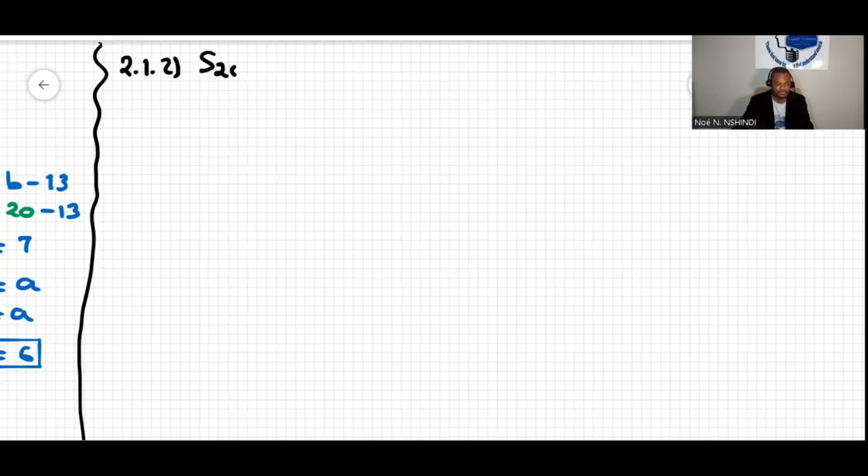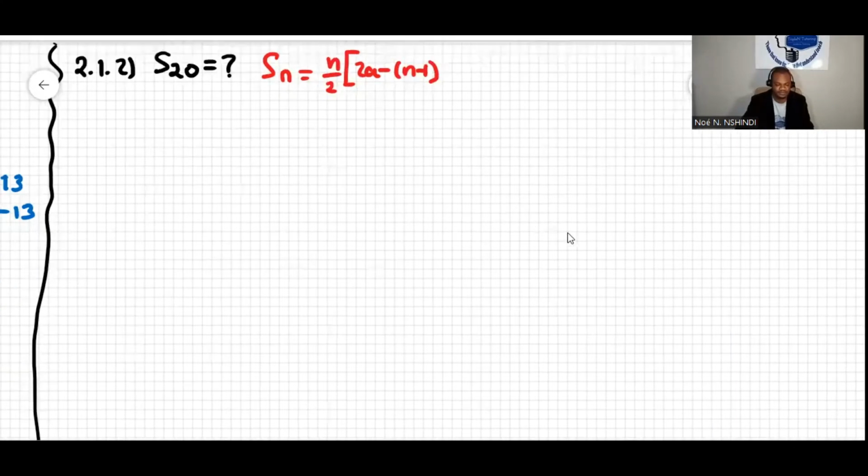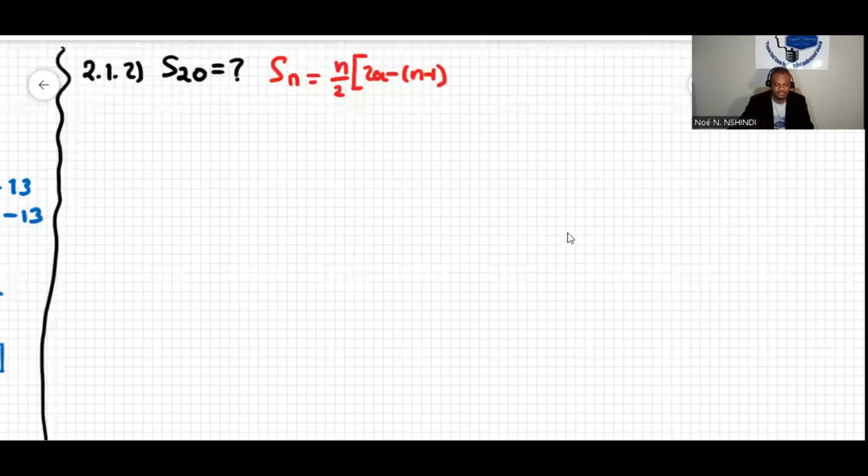So we're looking for S20. So what do we know about the sum of an arithmetic series? There are two formulas. One is Sn equal to n over 2, open square bracket, 2a plus n minus 1 times d, and close the square bracket.